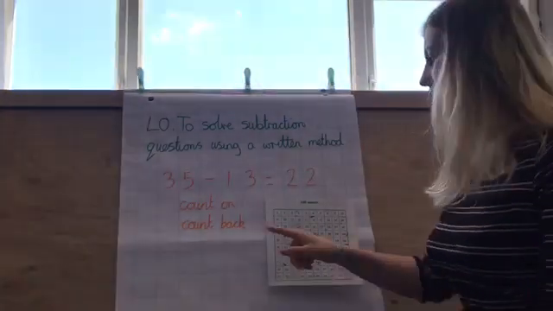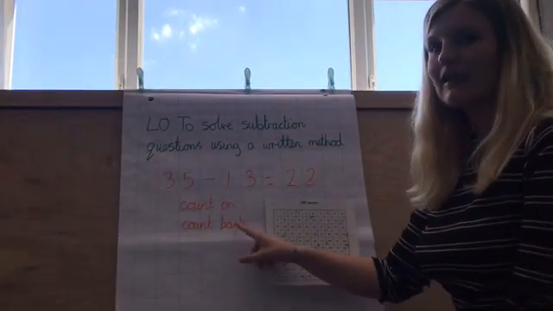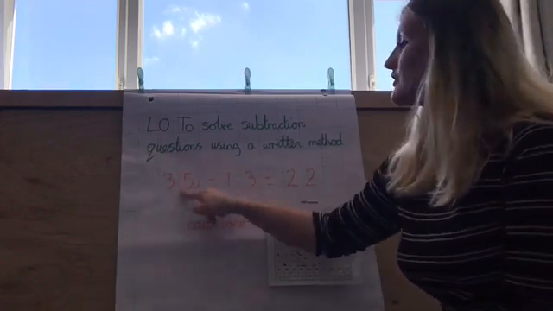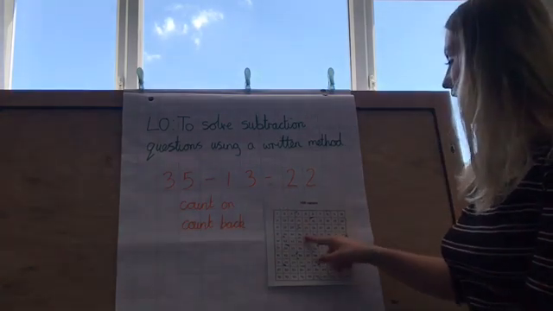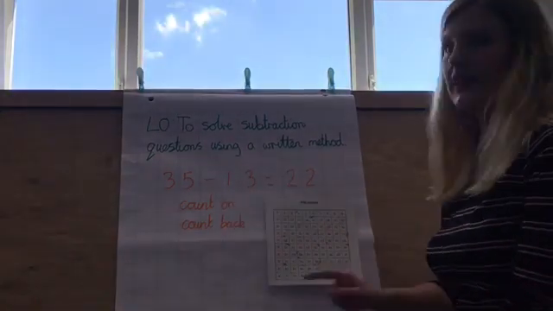Now just to check, I could also use a count back method. And if I'm counting backwards, I need to start at my first number, my biggest number. So this time I'm going to start at 35 and I'm going to go backwards until I get to number 13.